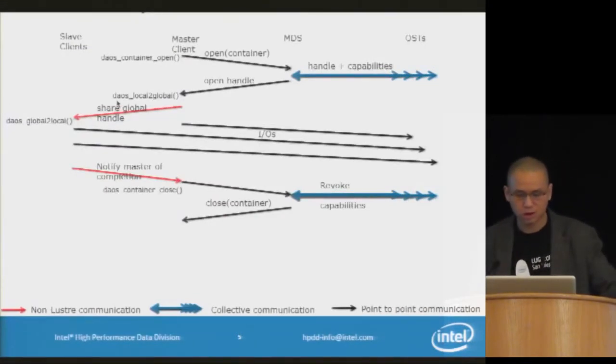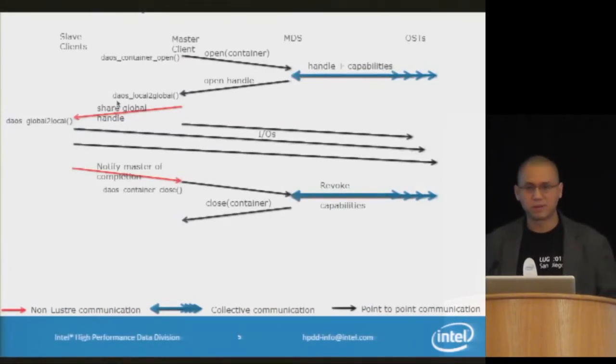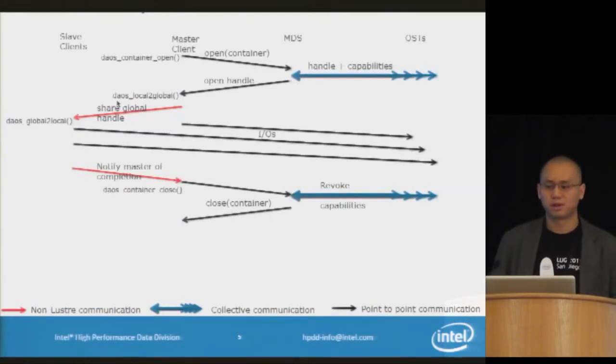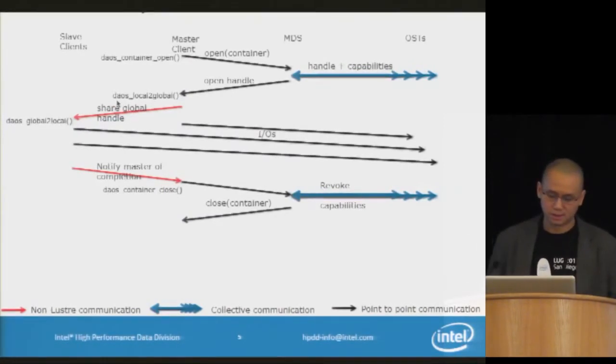And this graph shows how collective open works. First, when a user does container open, he needs to indicate that he wants to share this open handle with many other processes. After the completion of the open operation, he calls another function, DAOS local to global, on the returned open handle of the container, and this function will convert the local handle to a global handle.